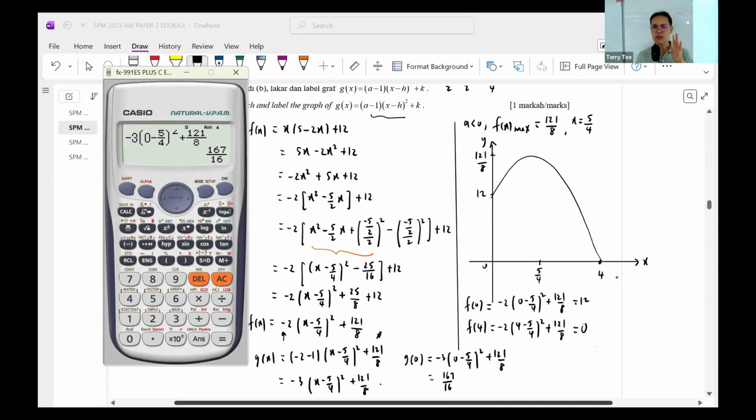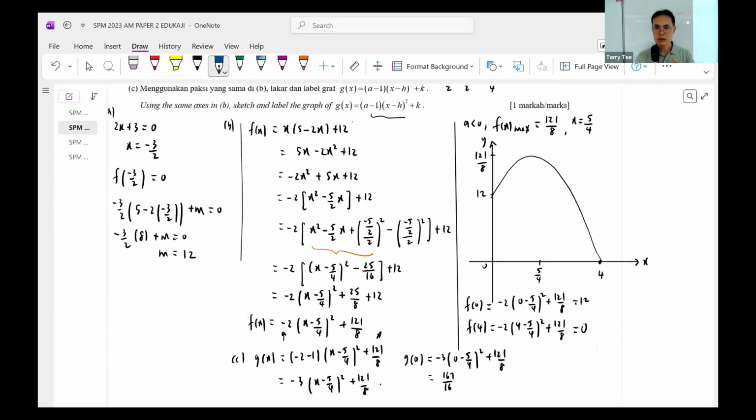Okay, this one, actually, you don't have to go too far. We just have to maybe put a 4 inside just to help you to see. If I put a 4 inside, what do you get? Negative 7 point something. Okay, so that means, let me draw using a different color. 10 point something is wrong here, right?